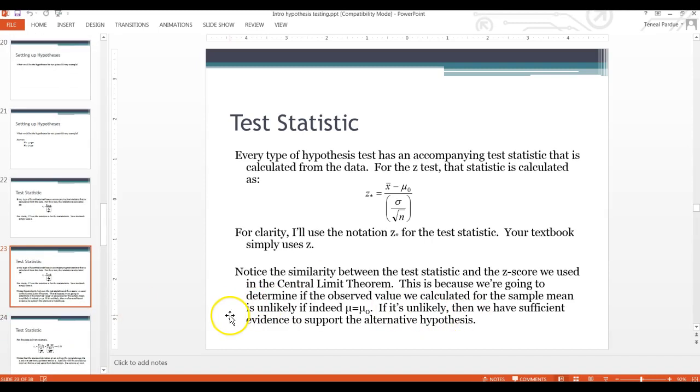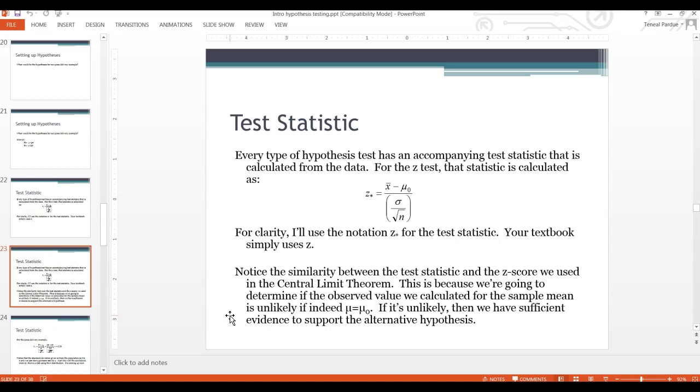Let me tell you just a little bit about where this comes from. Every hypothesis test is basically a central limit theorem problem in disguise. We're basically determining if the value we calculated is unlikely given our assumption for what the population mean is.